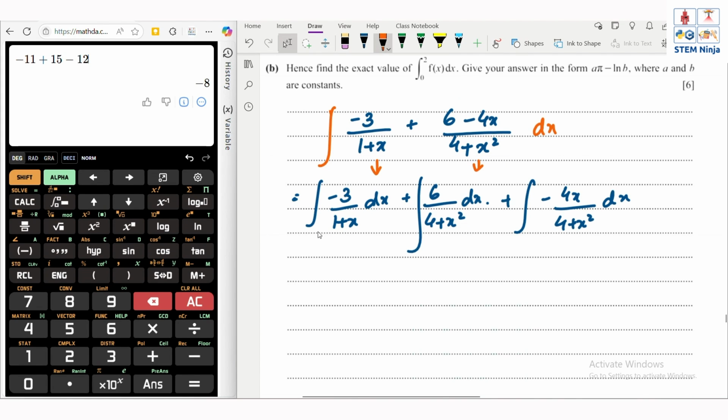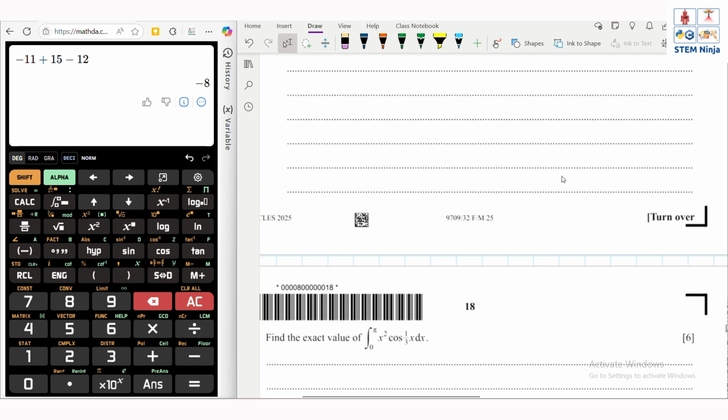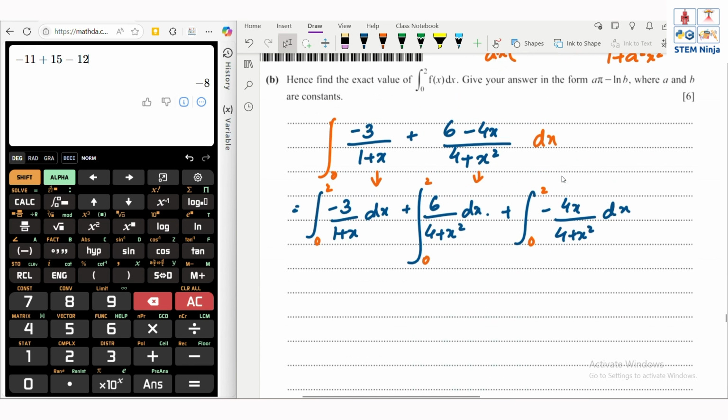So what we can do over here, since we have 0 to 2, we can write 0 to 2 for each. And we can solve them separately because we don't have a lot of space. All right.